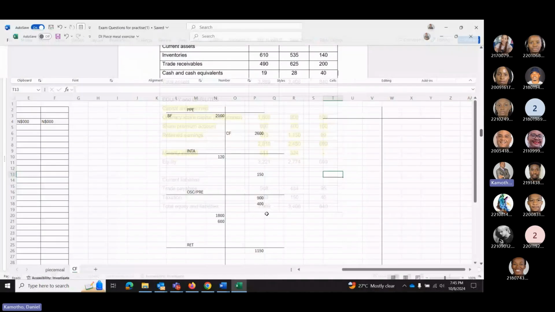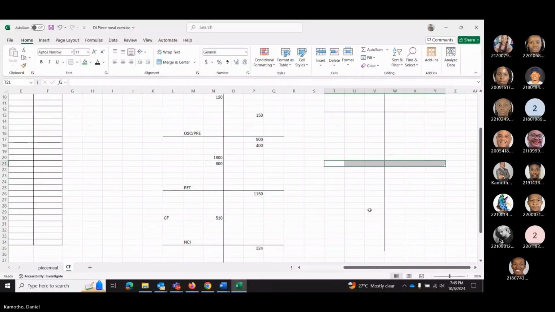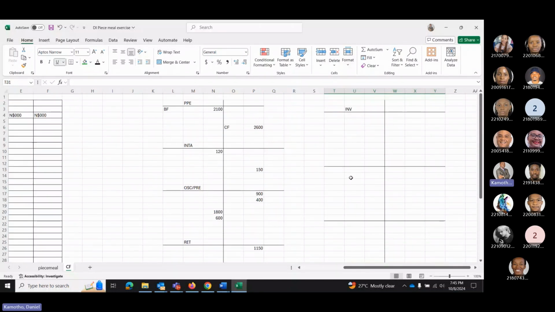So we can go to our ledger. So here we have inventory, and then we can do another one for trade receivable, and here we had trade payable, and we had tax.